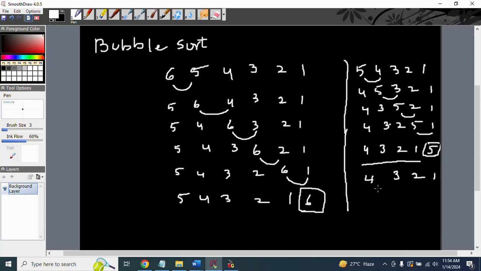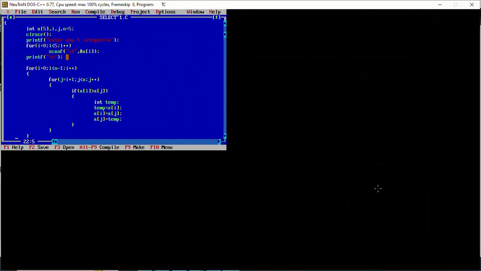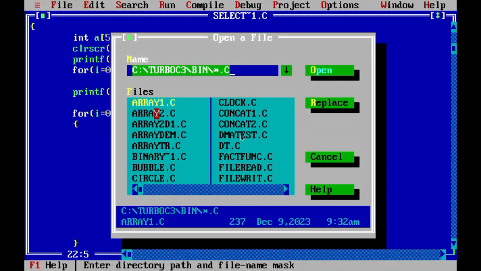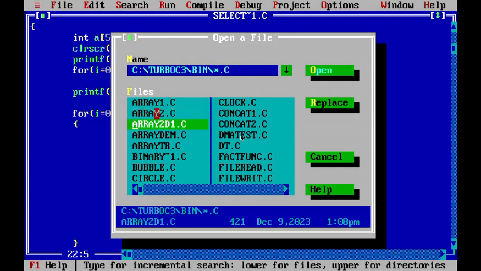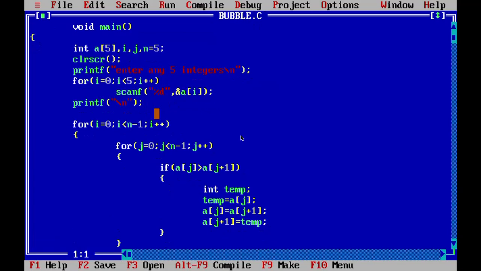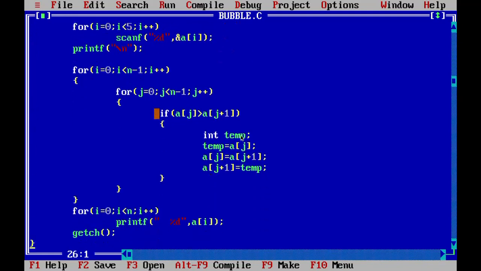So friends, if you observe the code, so let me show you the program for bubble sort. Yeah, so void main again, I'm trying to keep things simple. So this is the code.